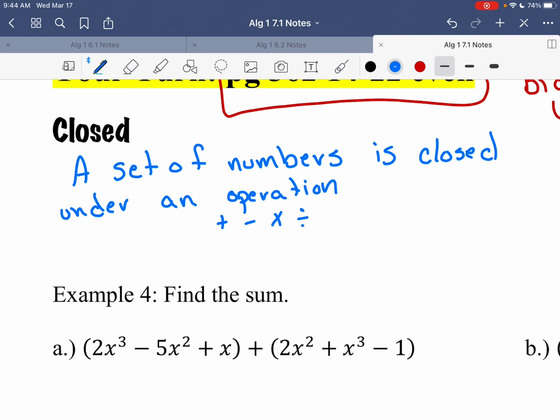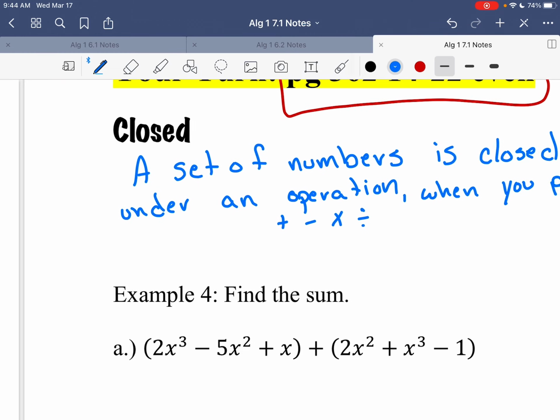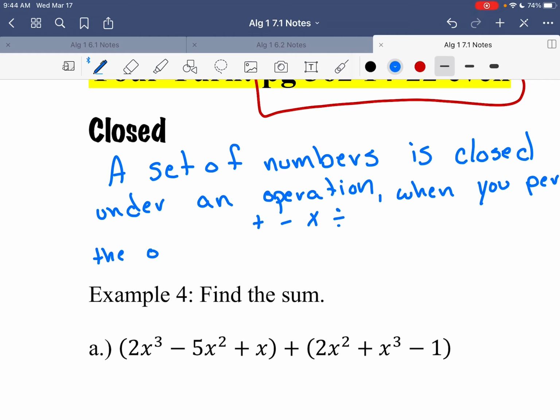A set is closed under an operation when you perform the operation and also get a number in the set.